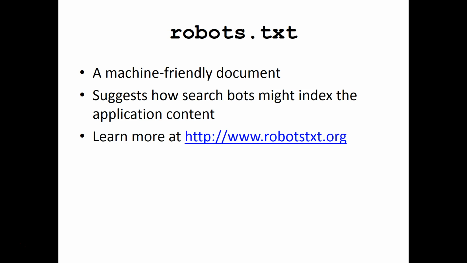It doesn't mean the bot won't index it. It means you're saying, please don't. It's simply a list of suggestions. But by and large, from what I understand, the search engines do respect this in principle, so it's still worth including.